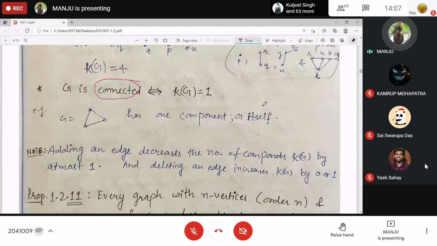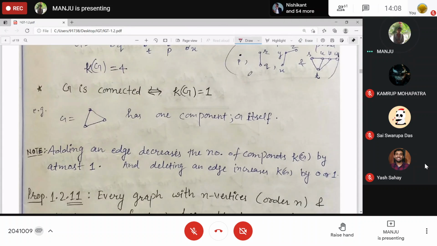Then we say the graph is connected. So you can prove it by definition: take any two arbitrary vertices and show there exists a path from x to y. Or you can show the number of components is 1. This is if and only if, meaning this implies this and this implies this. Like this you can remember connectedness.